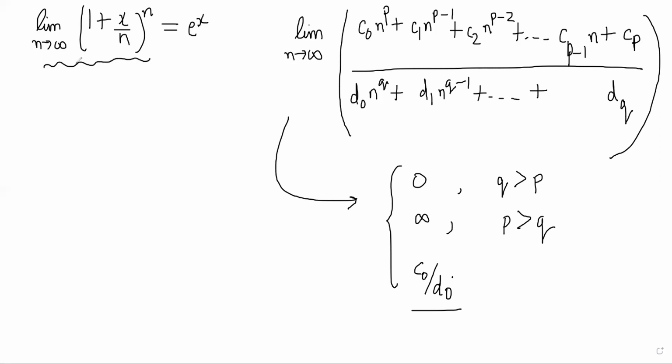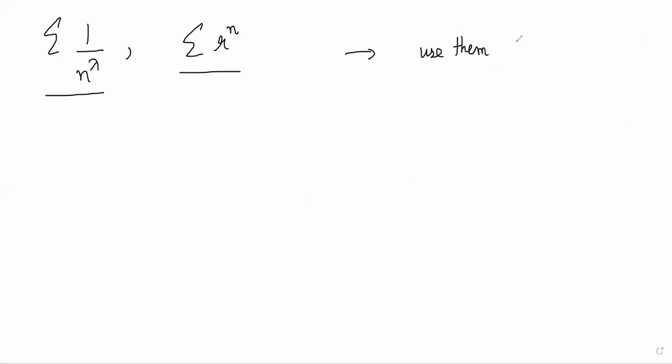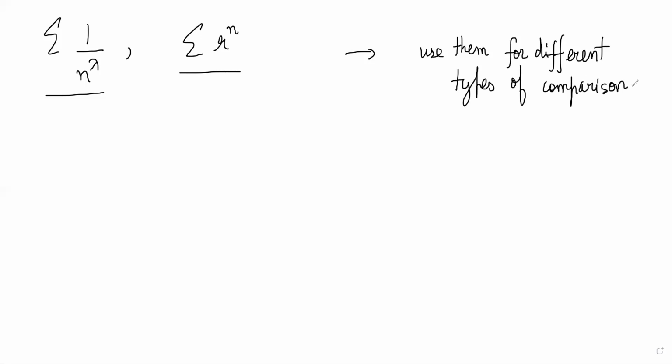Now, the reason we discussed these two series, this one and this one, the reason we discussed the convergence and divergence of these two series is because now we will use them for different types of comparison tests. So we have many tests for convergence.